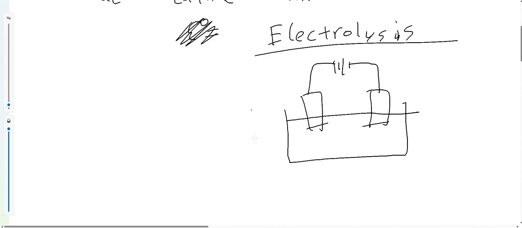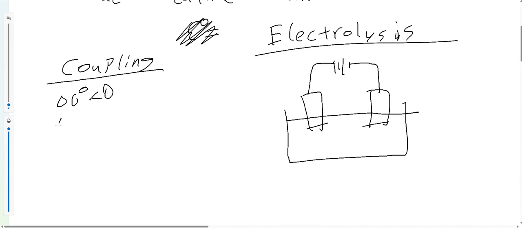And so this is just the basic electrolytic cell. Now, this is where coupling comes in. A concept from 9.7 that I would have forgotten to cover. However, it comes in right now. So coupling is basically using delta G naught being less than 0 for a process to drive a delta G naught greater than 0 for another process. And what you can actually do here is use Hess's law or some analog.